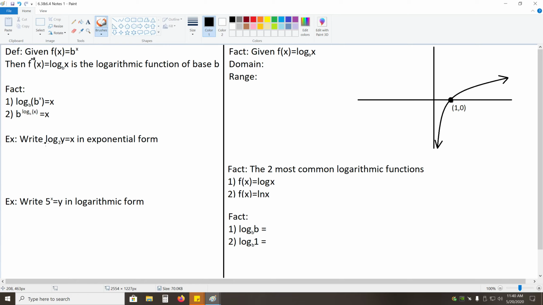If we want to get rid of the log and change this to an exponential equation, then to do that we need to plug each side of the equation into the inverse function. What is the inverse function? It's the exponential expression of base 2.